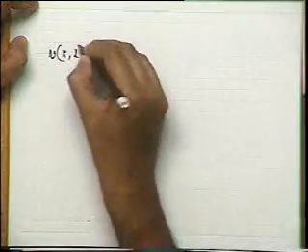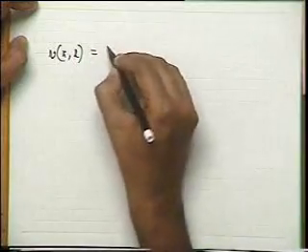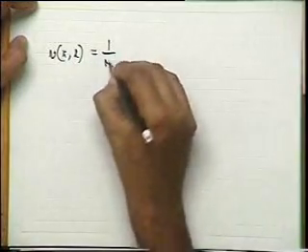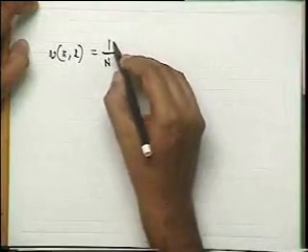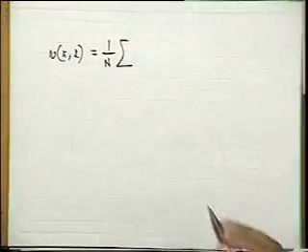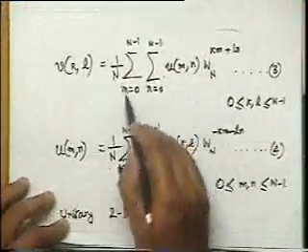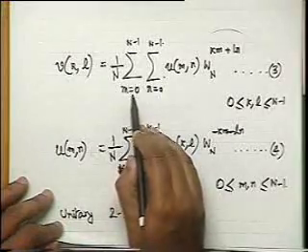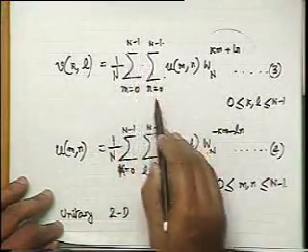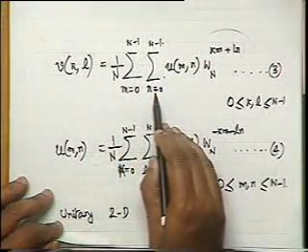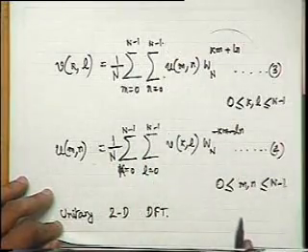Now, I am writing V of KL as, obviously, 1 upon N, the term remains as before, and I have a double summation over here, summation over m equal to 0 to N minus 1 and summation over n equal to 0 to capital N minus 1.